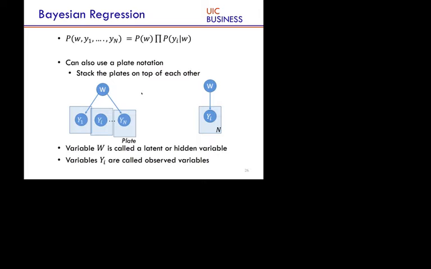We have seen that in some examples in previous lectures, as well as in the assignment. The variables y are called observed variables. These are just examples of simple graphical models that you may want to model your data as. Any questions up to this point?